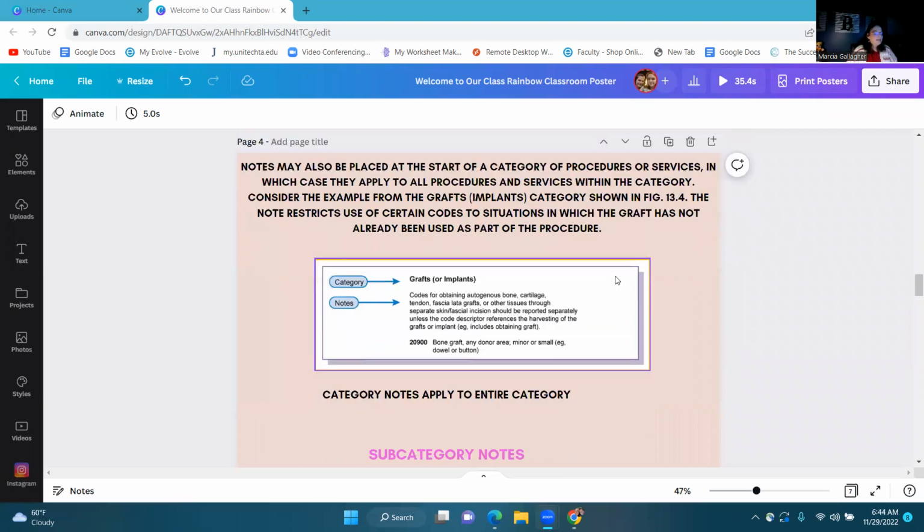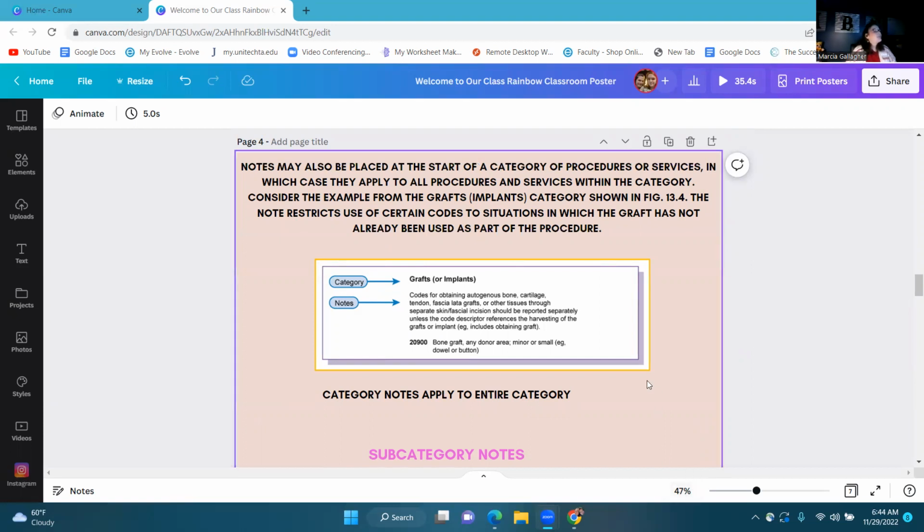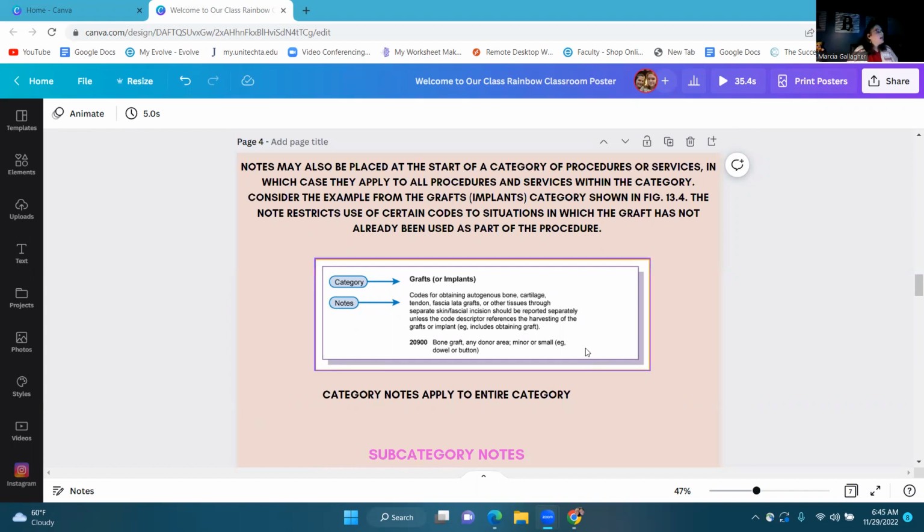All right. We just went over notes, but we're going to talk about it again. Notes may be placed at the start of a category of procedures or services, in which case they apply to all procedures and services within the category. Let's look at our example here. This is figure 13.4.